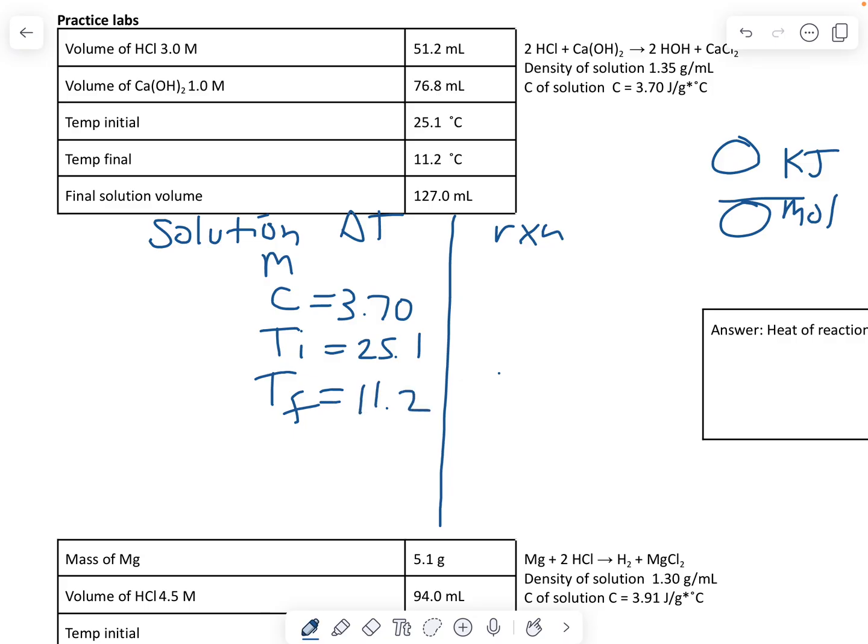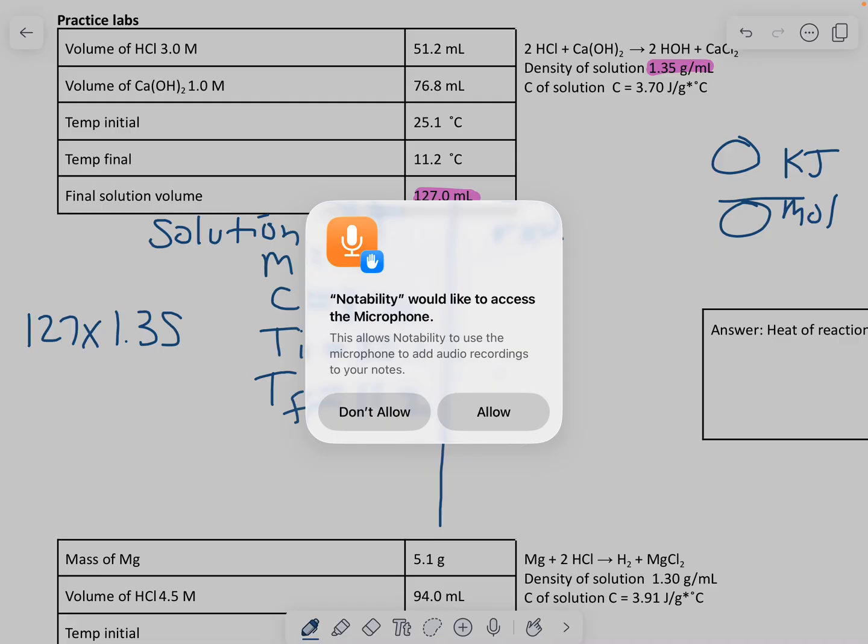Problem is masses in grams, and in this particular situation, the solution that's given to me is given in volume, but I also have a density given. So with the density, I can always get mass because volume times density is what mass is. So if you multiply those two things together, you will get a mass for the solution of 171 grams.